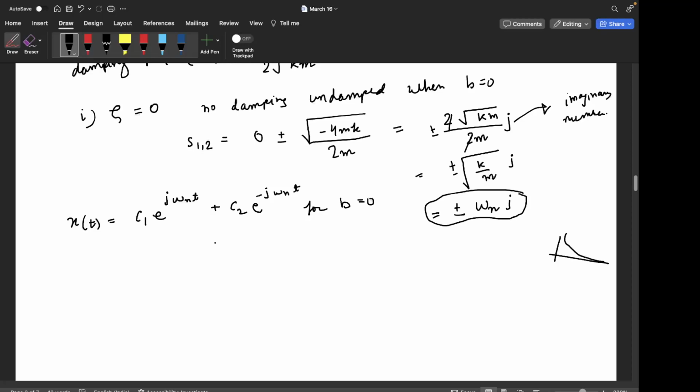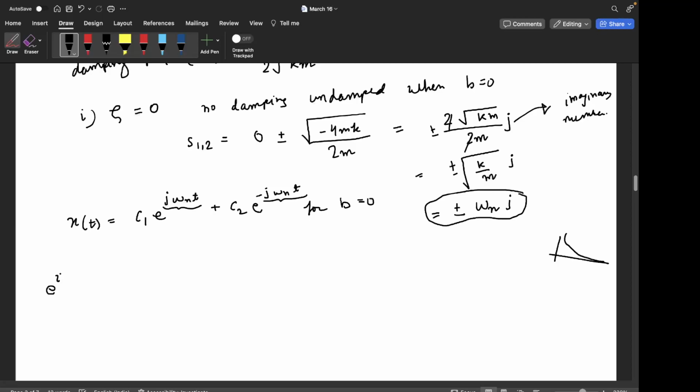The way in which I have written the response right now, it's in terms of exponentials, right? But exponentials, when their exponent is an imaginary number, then it attains some extra meaning.